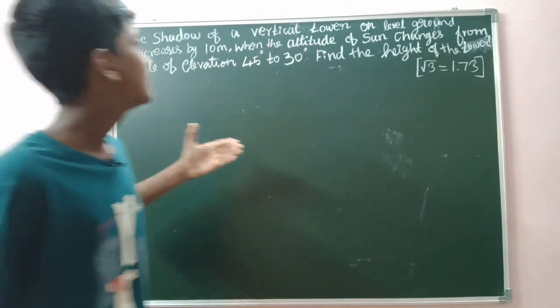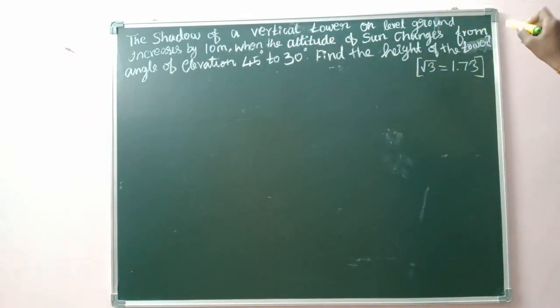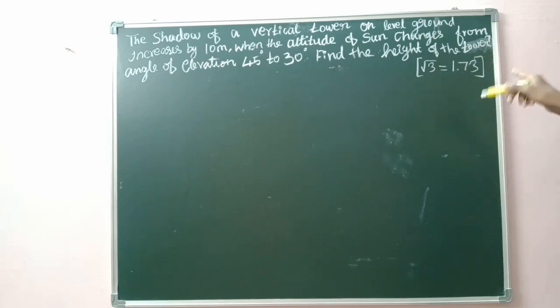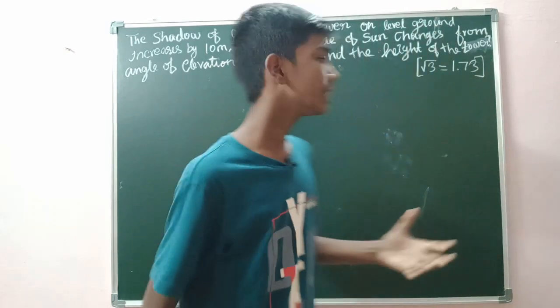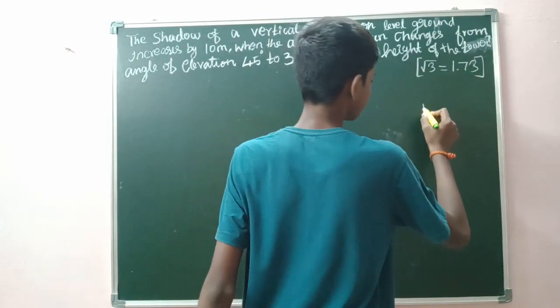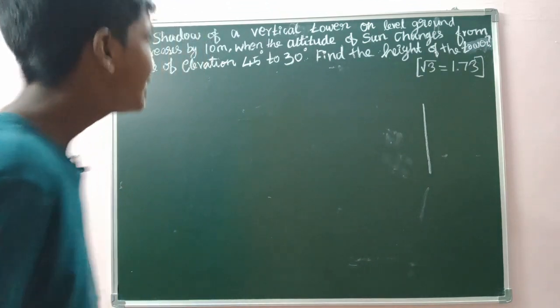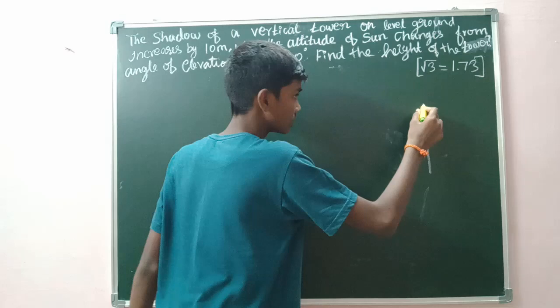So first, it is given that the shadow of a vertical tower on the level ground increases by 10 meter when the altitude of sun changes by the angle of elevation 45 to 30. So that means, let me say, this is the tower. Initially, the shadow was like this, okay?